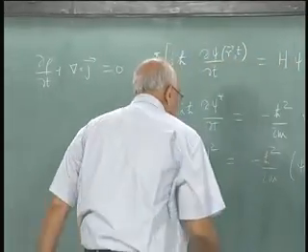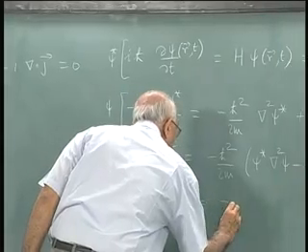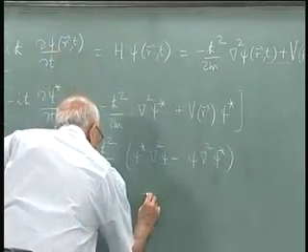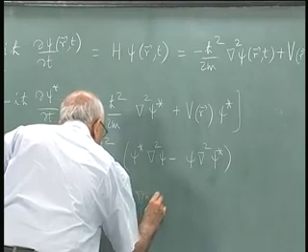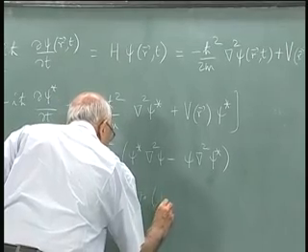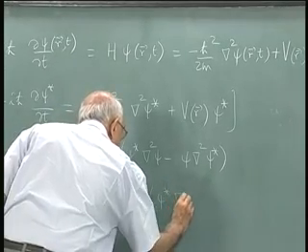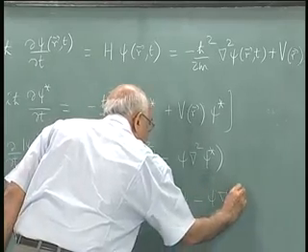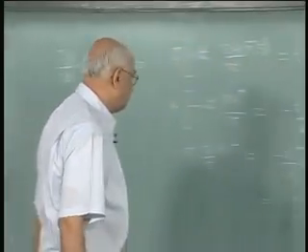Therefore you could write this as equal to minus h cross squared over 2m divergence of psi star grad psi minus psi grad psi star on this side.